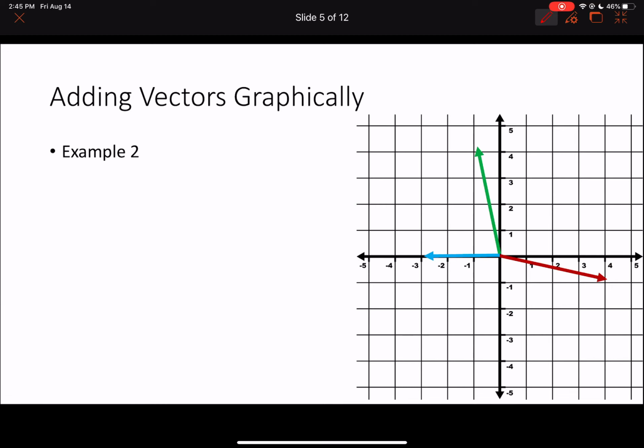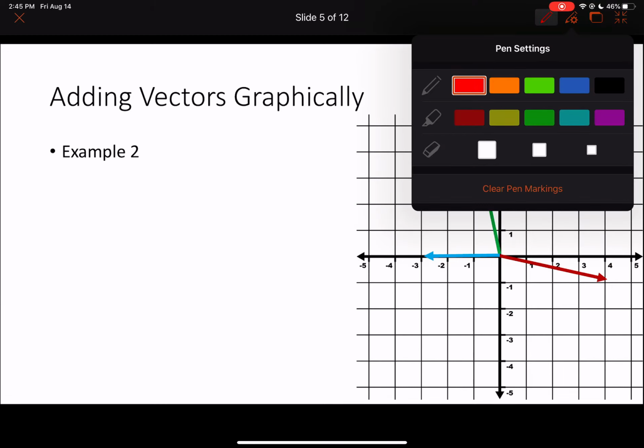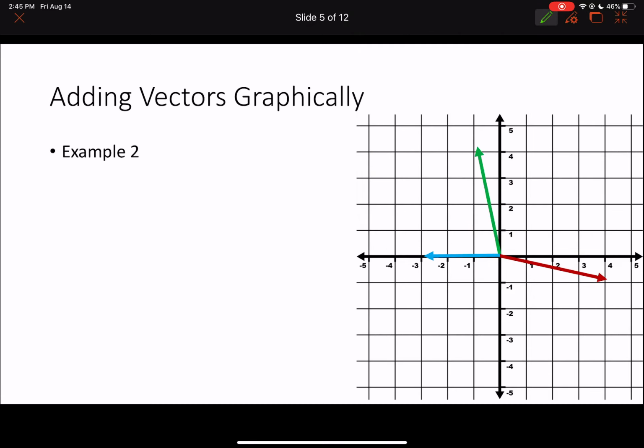So if we add vectors here, it doesn't matter which one we start with. So let's say we keep the blue one, and so I'm going to go ahead and add the green one in next. Looks like the green one moves about 1 to the left and then 4 up, and so we could call that -1 i hat plus 4 j hat if we want to, just for practice. And the vector looks about like that if we add it to the tip of the blue one.